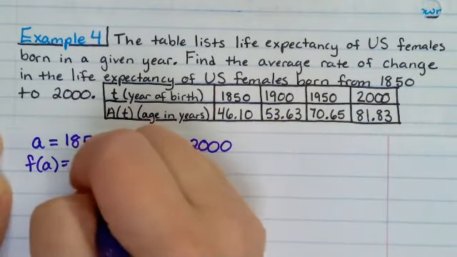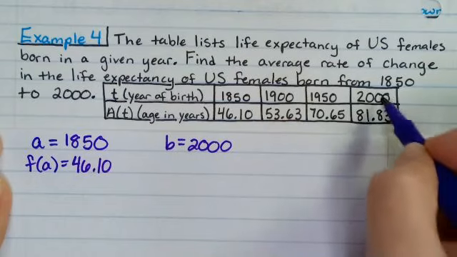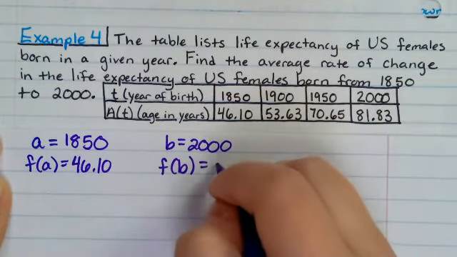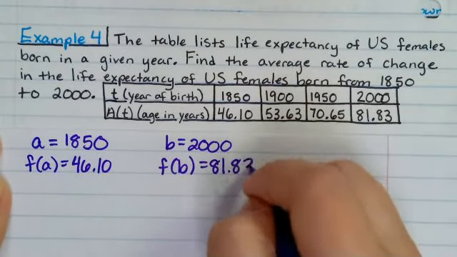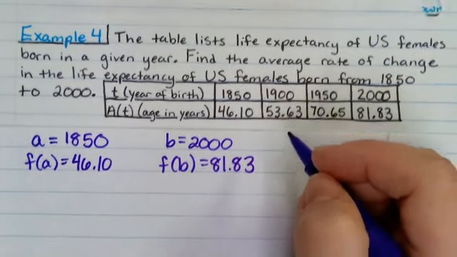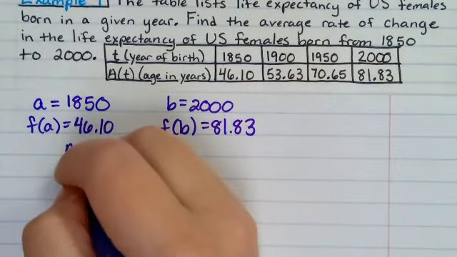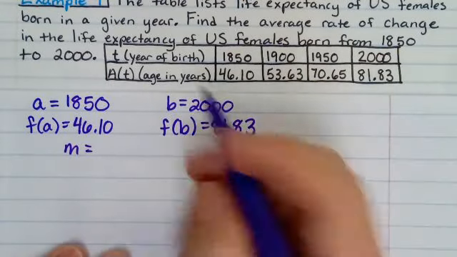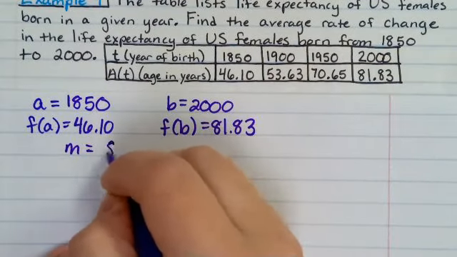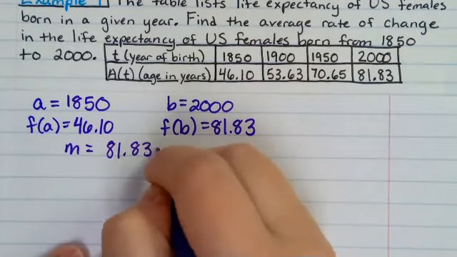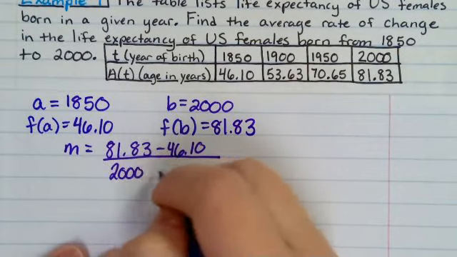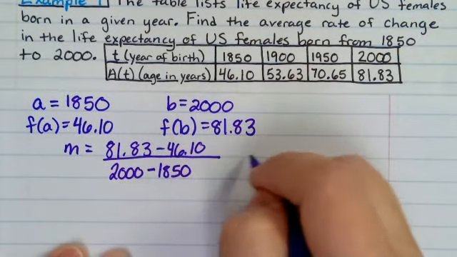46.10. And F of B is talking about 81.83. What we do is we just take those values and plug them in. So my average rate of change, my slope here of this little secant line, would be 81.83 minus 46.10 over 2000 minus 1850.